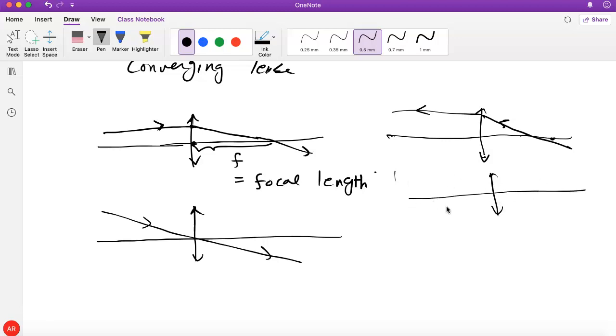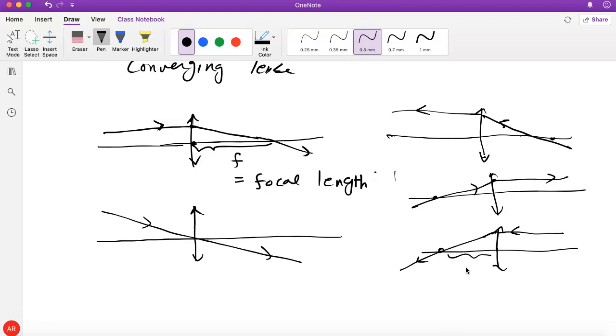So if you have something like this going this way through the focal point from this side, it becomes parallel. And similarly, the opposite direction of this. If it comes this way parallel, on this side it goes through the focal point. So this distance is always f on both sides. That's the ideal behavior of a converging lens.